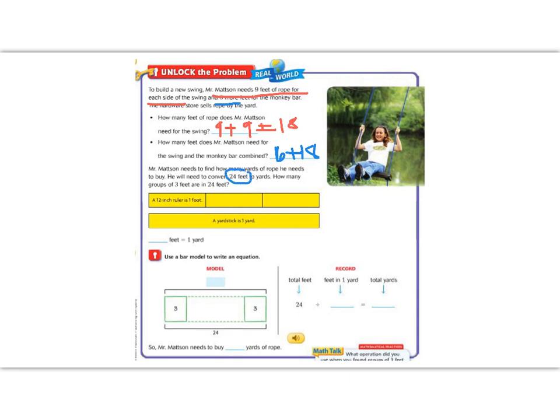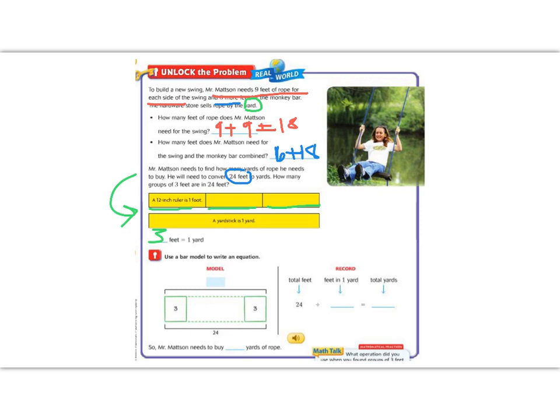But the problem is that it says the store only sells it by the yard. So we have to convert our measurement from feet into yards. So using this picture here, we can see that 1 foot goes into a yard 3 times. So 3 feet equal 1 yard. And in order for us to figure out how we are going to change feet into a yard, we're going to divide.